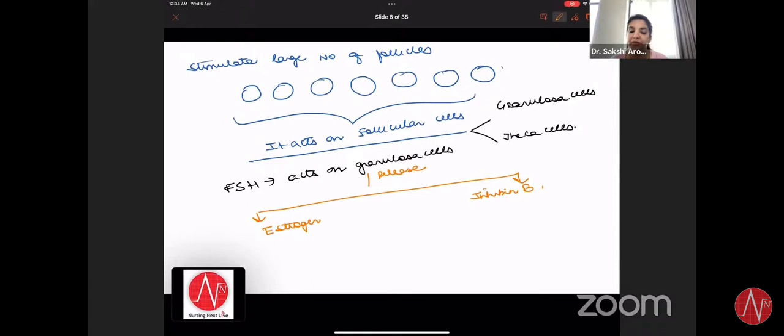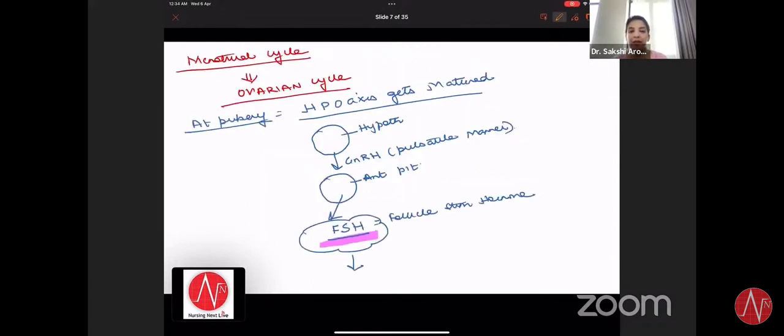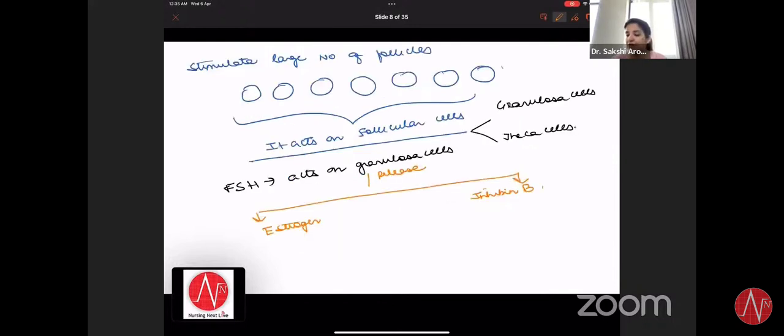Clear? Now please understand here again. हुआ क्या puberty पे? Puberty पे HPO axis got matured. From the hypothalamus, GnRH was released in a pulsatile manner. GnRH acted on the anterior pituitary, and from the anterior pituitary, hormone FSH is released. This FSH stimulates a large number of follicles, and उनके follicular cells को वो convert करा देता है into granulosa cells and theca cells.